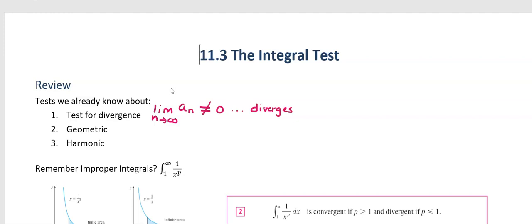However, if that limit equals 0, that tells us nothing of use, anyway. And so what you have to do is resort to another test.